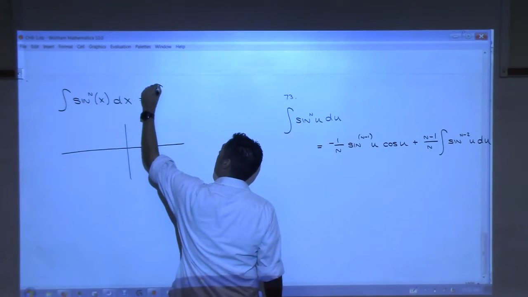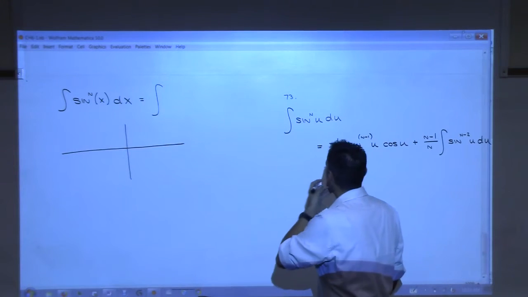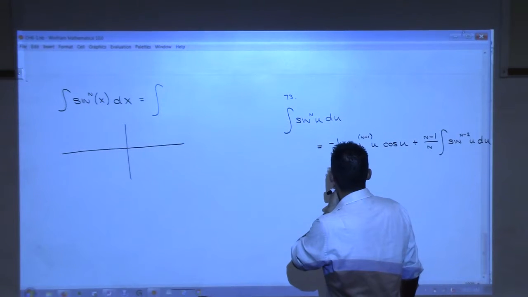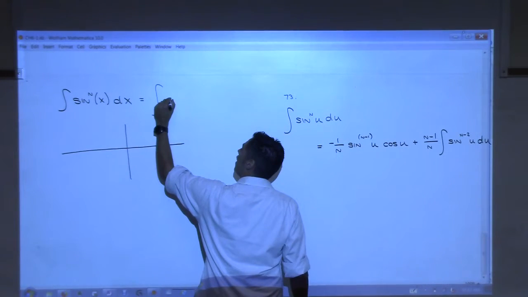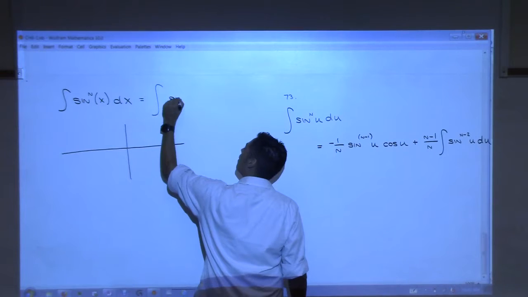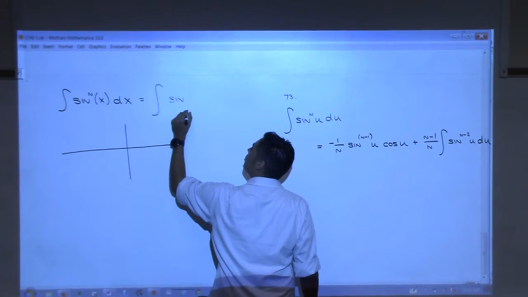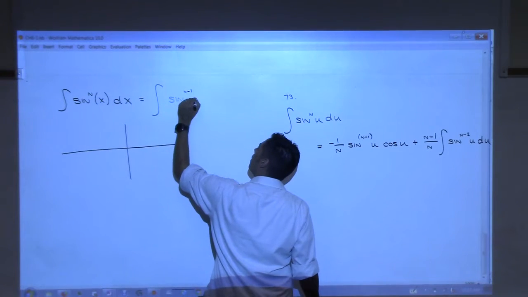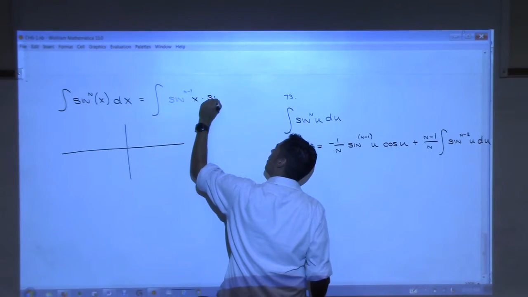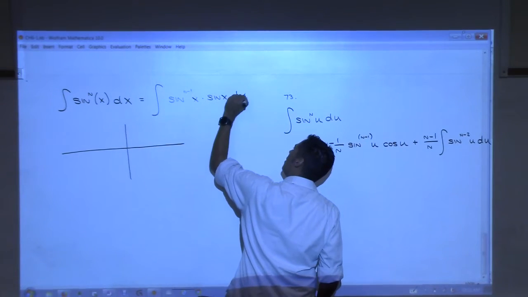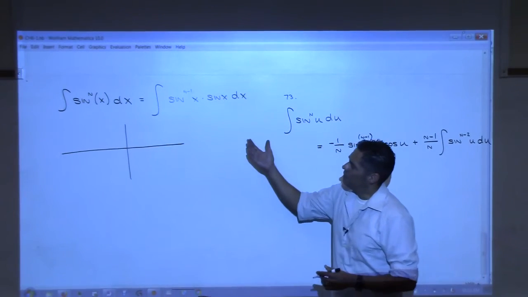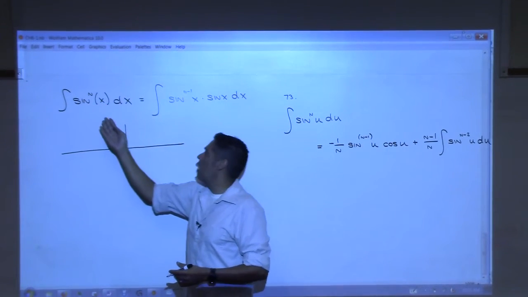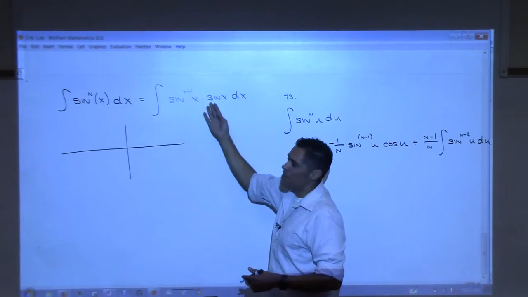But the first thing I want to do is rewrite this as sine to the n minus 1 of x times sine of x dx. So all I'm doing is, if this was sine to the 6th power, I'm writing it as sine to the 5th times sine.